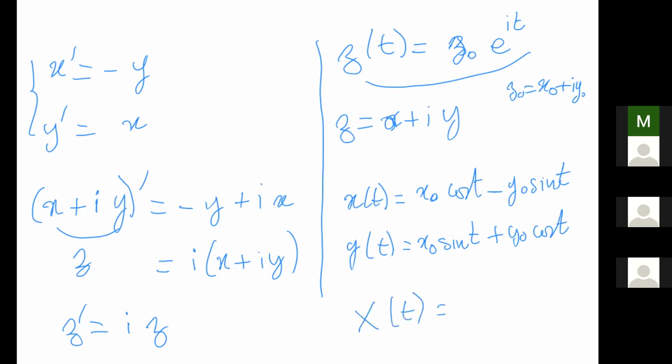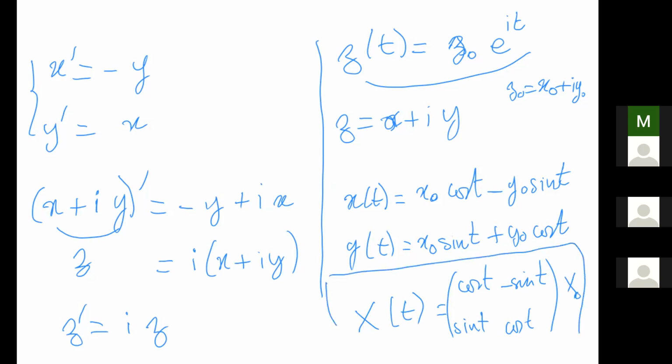So I get cos t, minus sine t, and sine t, cos t, times my initial condition x0, y0. All right. So you have this one, or this one is very good. I like it.